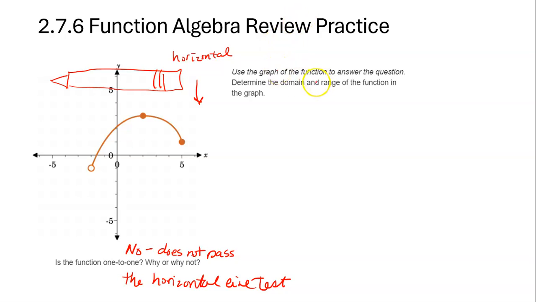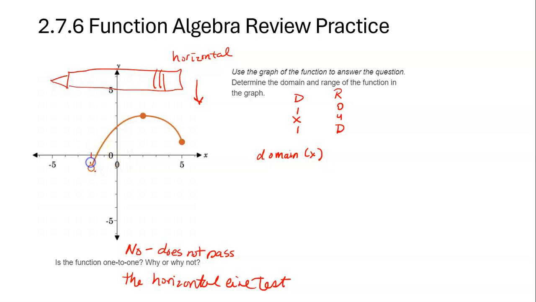Over here it says use the graph of the function to answer the question, determine the domain and range of the function. So we're still talking about this function over here. Keep in mind our cousins from Arkansas, Dixie and Roy D. So we know that domain is x, everything x can be.